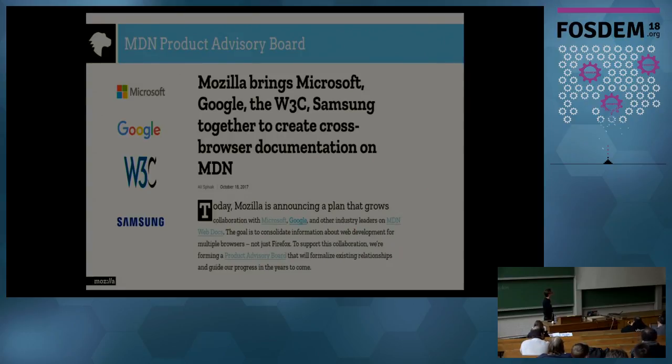What this means is that all these companies are now helping us to document the web, because we're all doing things on the web. Microsoft and Google are building browsers. The W3C creates the standards that we are also documenting on MDN. So finally, after a few years, we came together and formed this board. And this will help us with the whole documentation and also with the compat data.